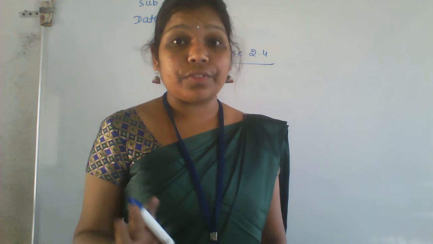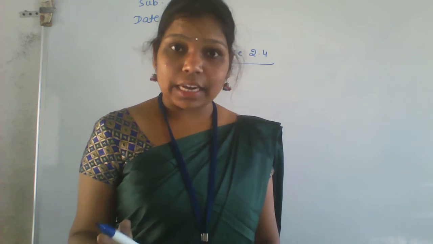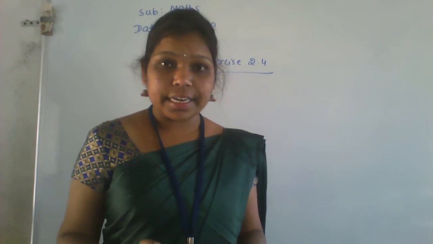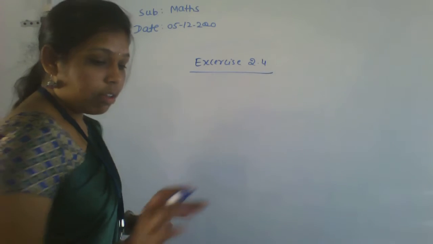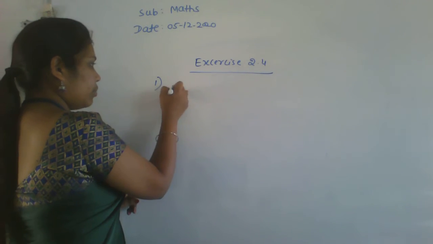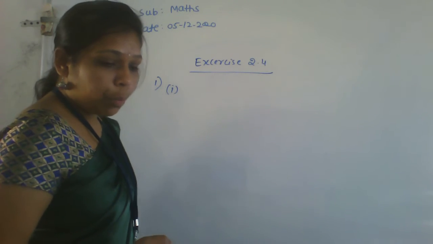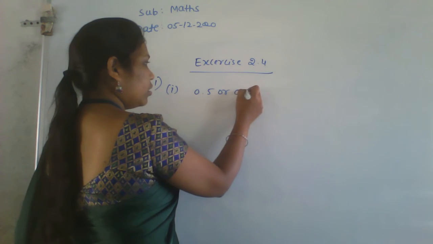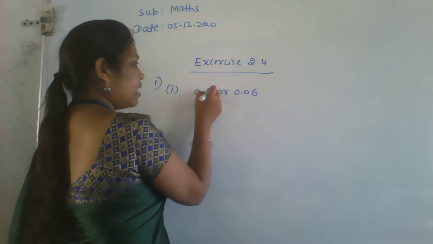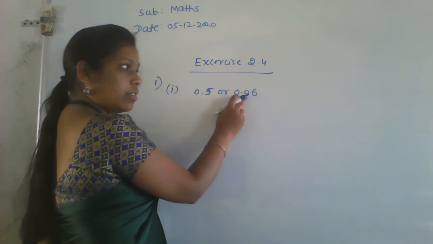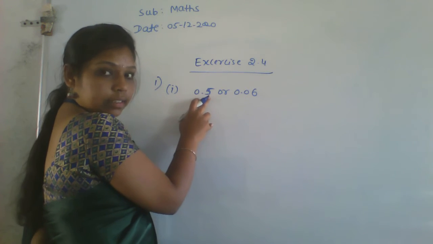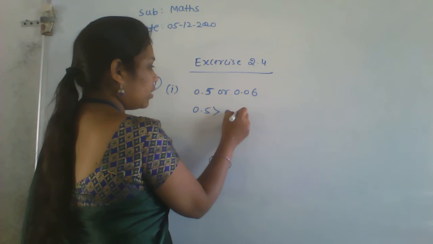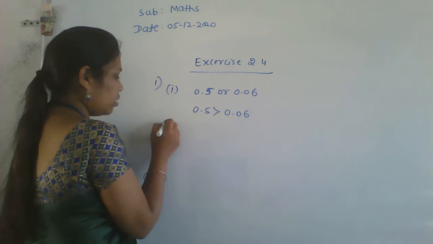The first one: which one is the greater value, we have to find here. Okay. So first one, 0.5 or 0.06. See, after the decimal here 5, here 0 is there. So which one is the greater? This one, right? So 0.5 is greater than 0.06.